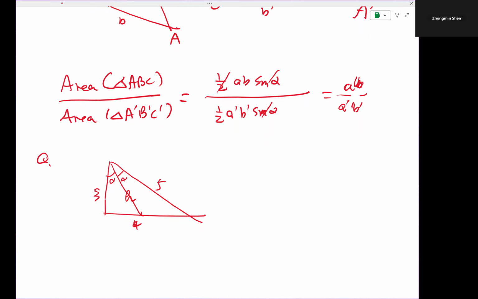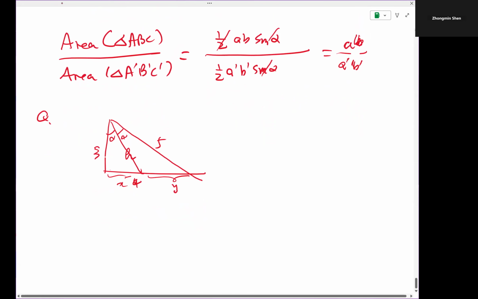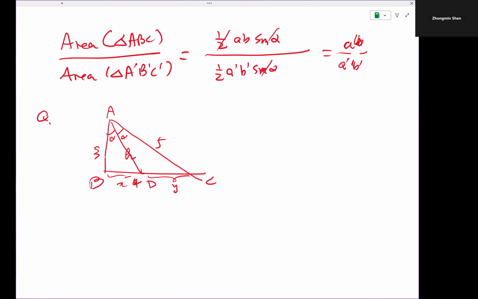Maybe, maybe not. So how do you do that? You don't know this is x, this is y, right? So what do you do? And the area here is A, B, C, D. I'm comparing those two triangles.